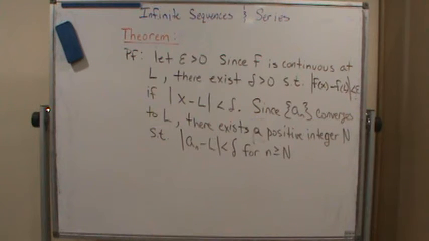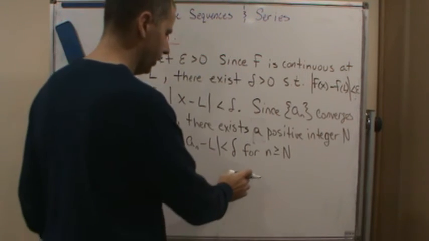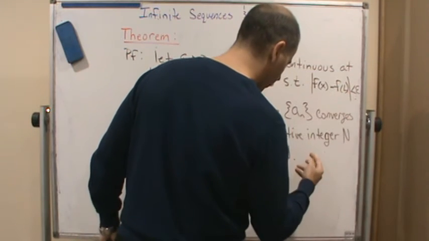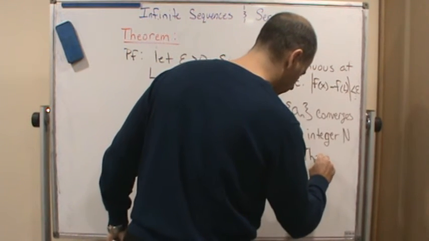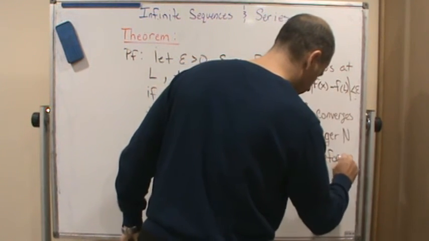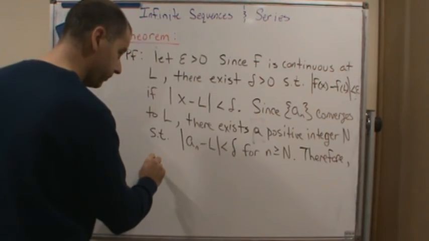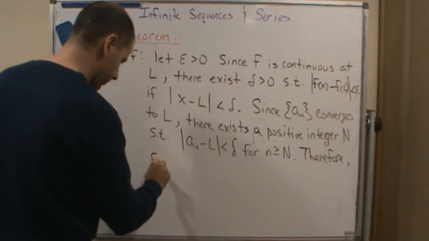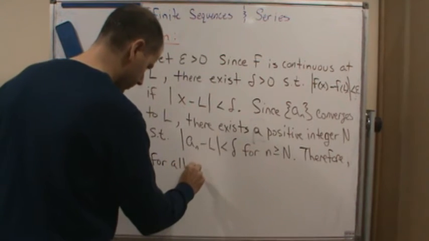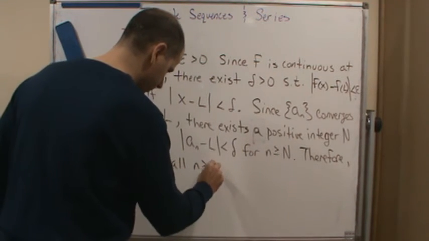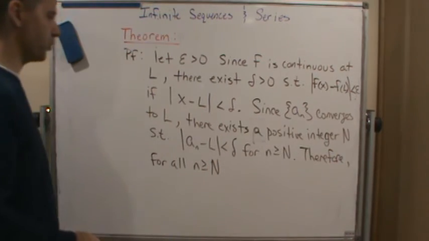Now, put this all together. What's our conclusion? Therefore, for all n greater than N, what must be true?